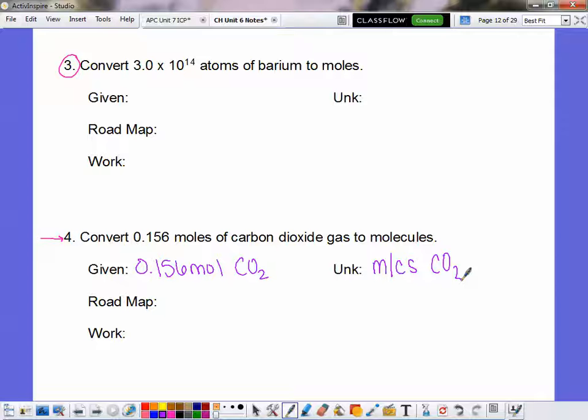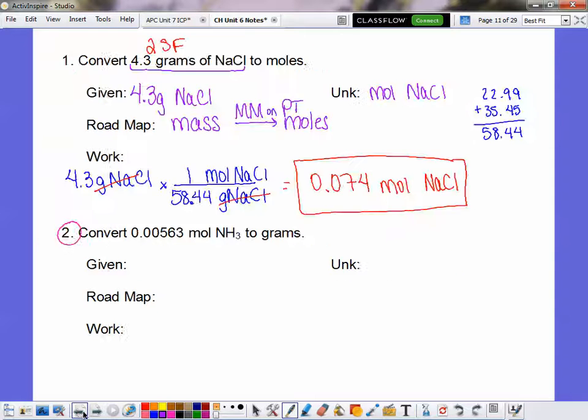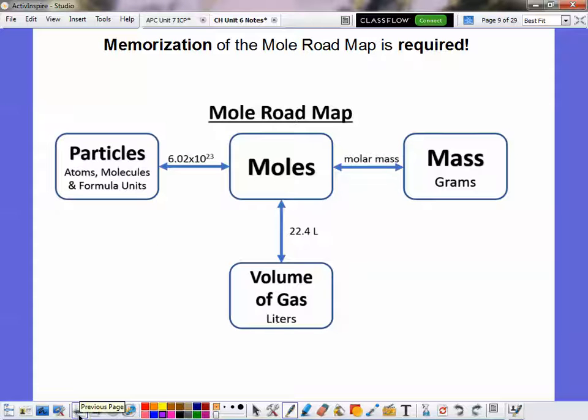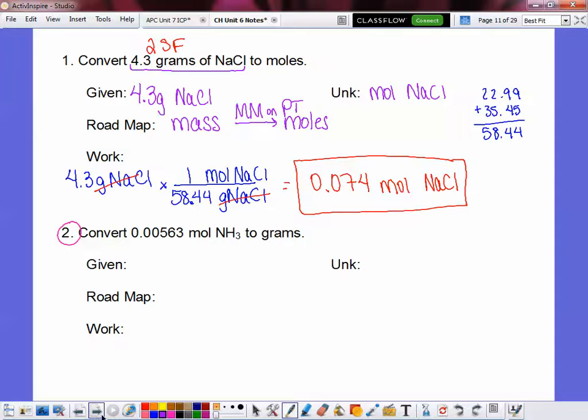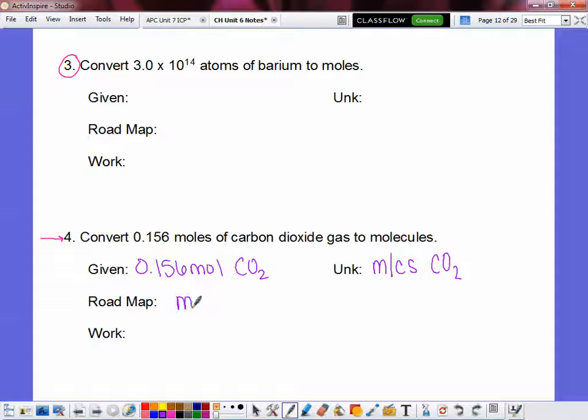So in our roadmap, where are we starting? We're starting at moles, and where are we going? To particles, because molecules is a type of particle. So we're going from moles to particles. We're not going to use the molar mass here because we don't have mass.